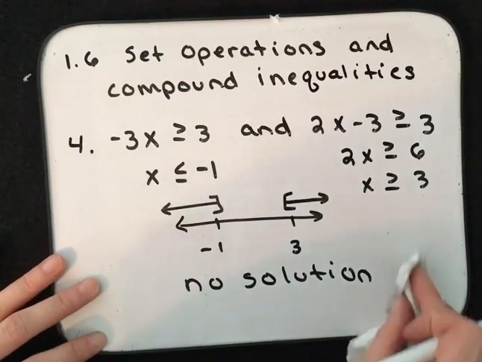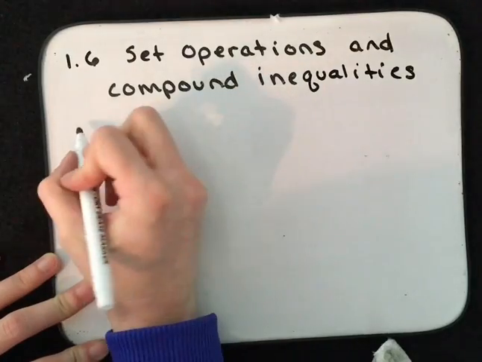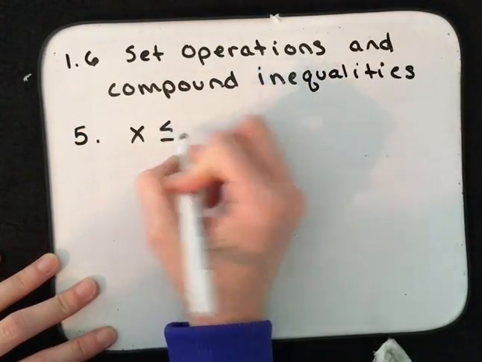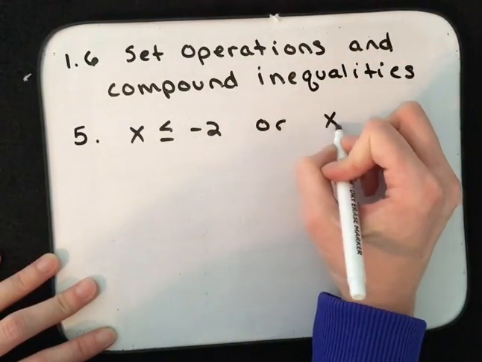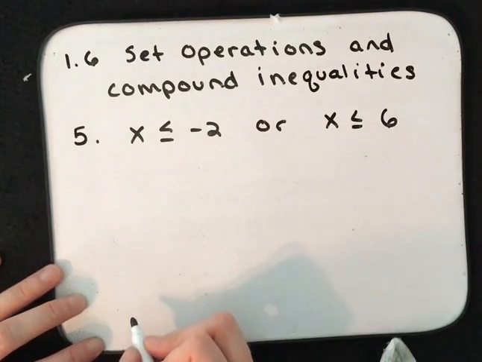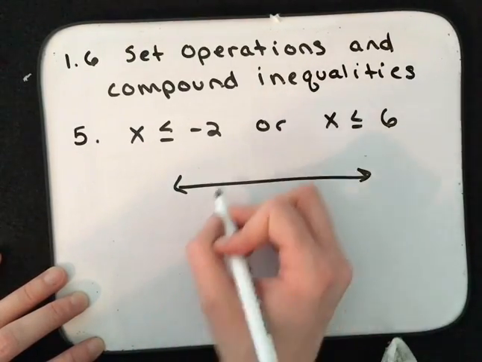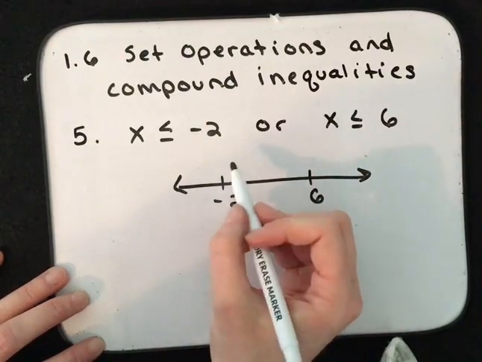Let's look at number 5. We have x is less than or equal to negative 2, or x is less than or equal to 6. Nothing to simplify down in this one. We can just go ahead and draw our number line. So here's negative 2, here's 6. So x is less than or equal to negative 2.